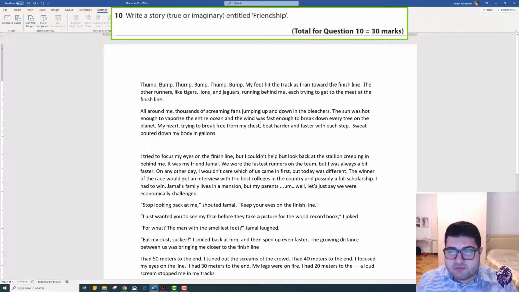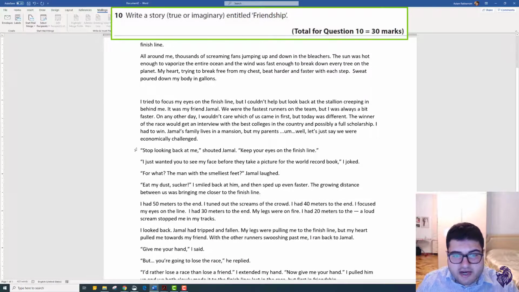Simile, we definitely had tigers, lions, and jaguars. I'm describing the other runners who are behind me, like tigers, lions, and jaguars, trying to get to the meat. That's also a little bit metaphorical. I didn't mention it in my plan, but there's also a plot here. The story moves along from beginning to middle to the end.